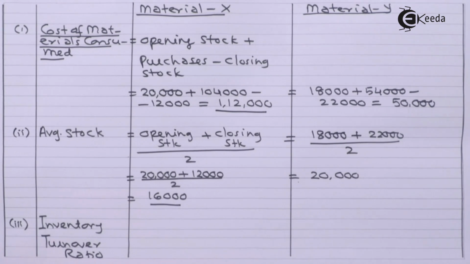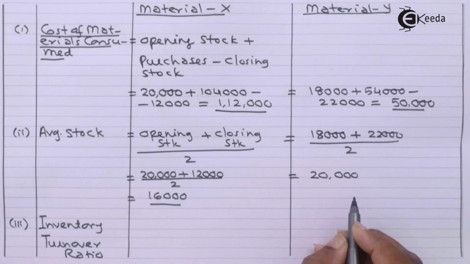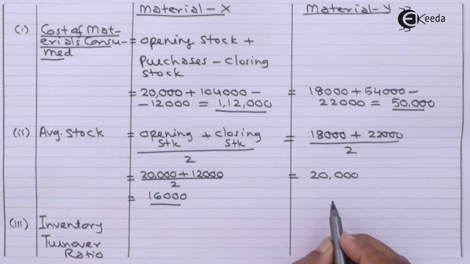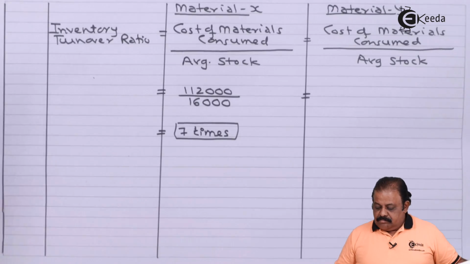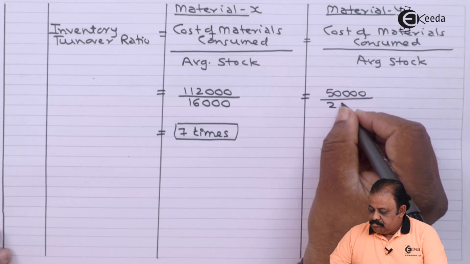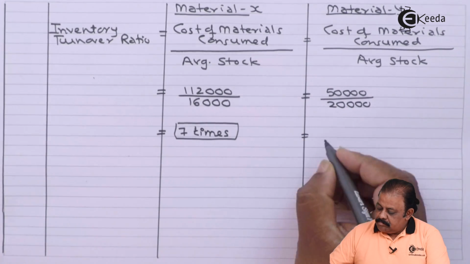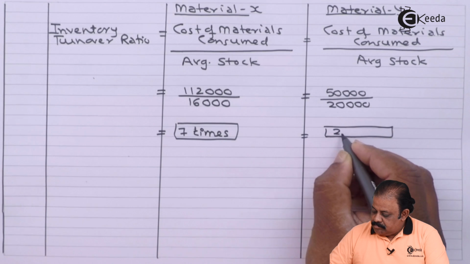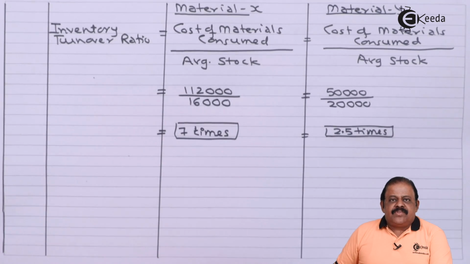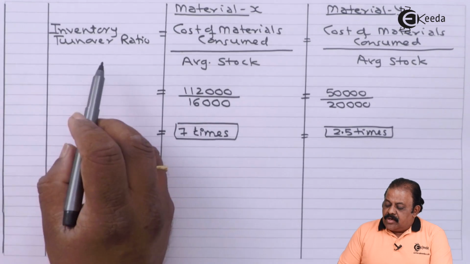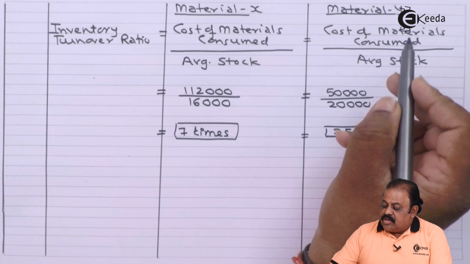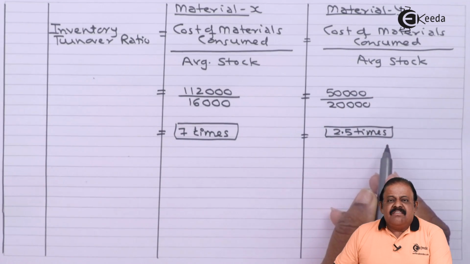Given material Y, material consumed 50,000 and average stock is 20,000. So it is 2.5 times. So inventory turnover ratio in case of material X is 7 times. In case of material Y, it is 2.5 times.